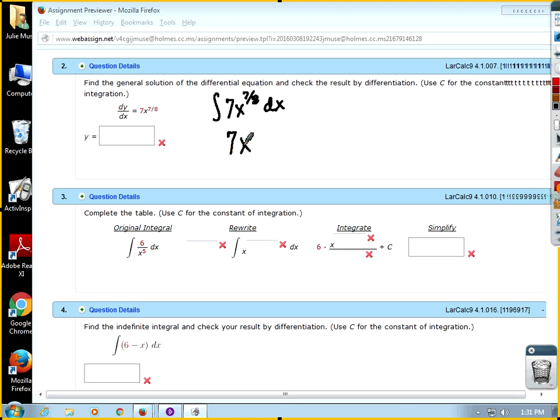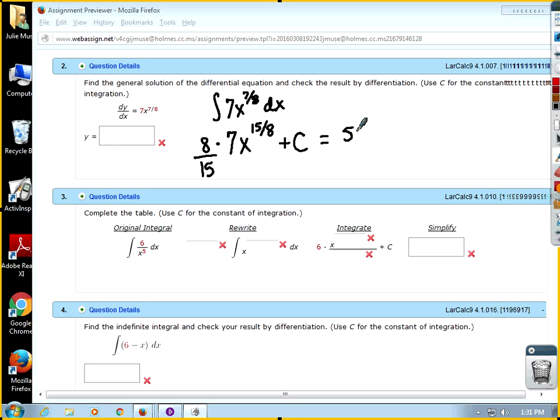All right, so we're going to add 1 to our exponent. So that 1 is 8 over 8. 7/8 plus 8/8 would be 15 over 8. And then when you divide by that new exponent, you're multiplying by the reciprocal. So in the front, I'm just going to multiply by 8 over 15. Don't forget the plus c.